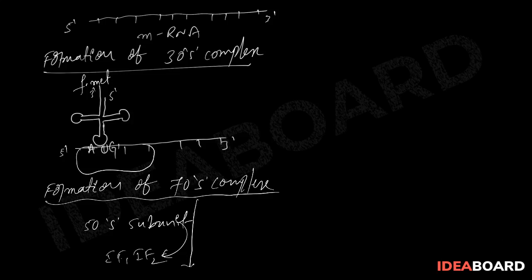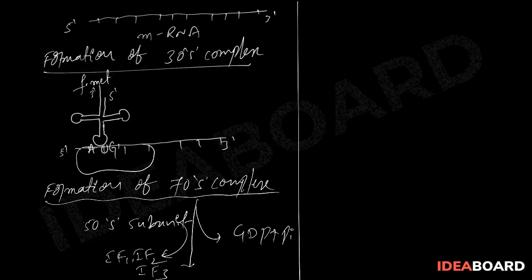Next, the GTP will be converted into GDP plus inorganic phosphate, and finally the larger subunit will bind. Yes, this is the tRNA, formyl methionine. This is the 3 prime region and a 5 prime region.